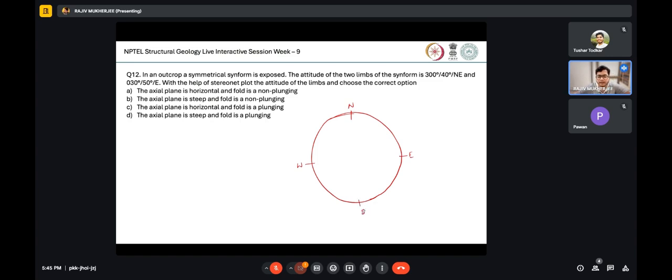So the two limbs are 340-degree northeast. So this is most likely 300. This is 120. 40-degree northwest means it will be like this.